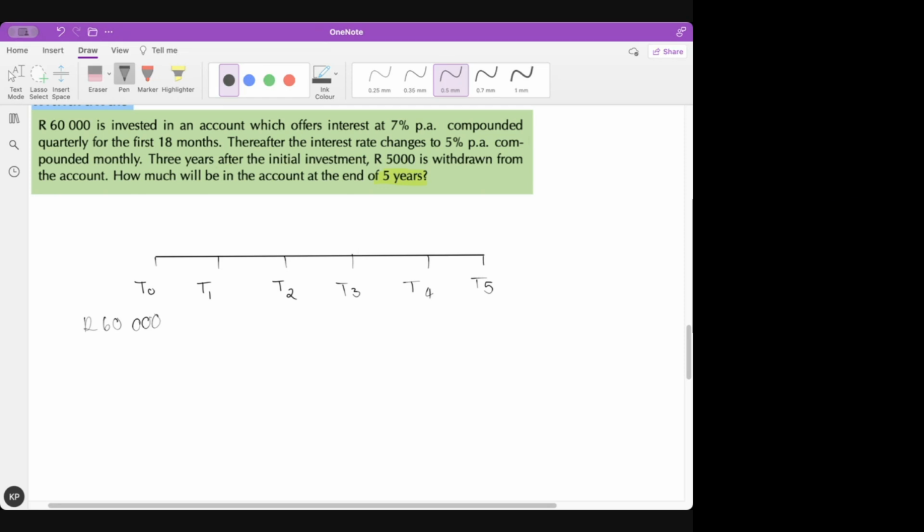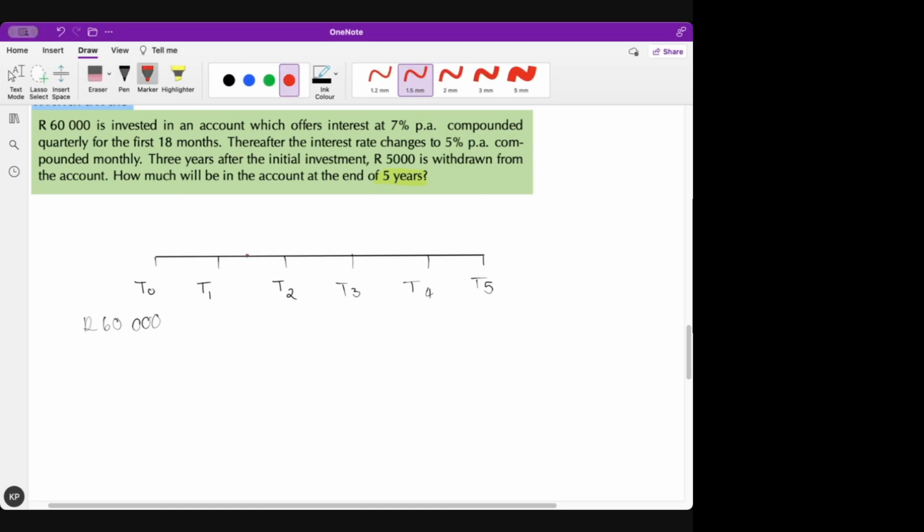Now, if I'm going to convert 18 months to years, what is that going to give me? I want to convert that to years because our timeline works based on years. We don't say T1, T2 with months because that's just going to confuse everyone. But if I'm going to convert it, thank you, Callan, that would be 1.5.